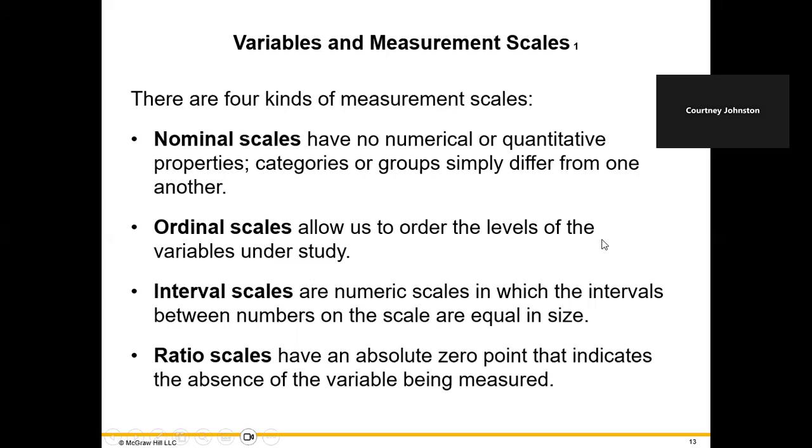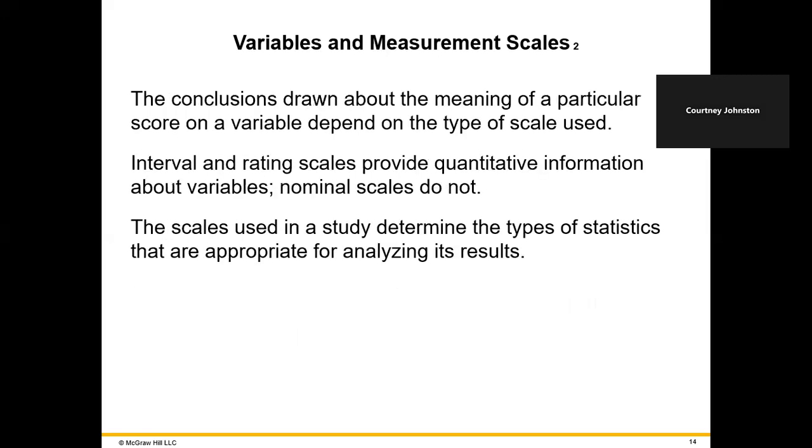There are different levels of it instead of one or the other. Ratio scales have an absolute 0 point that indicates the absence of the variable being measured. We are not going to use this in this course, but there would actually be a 0. There is the absence of that variable at all.